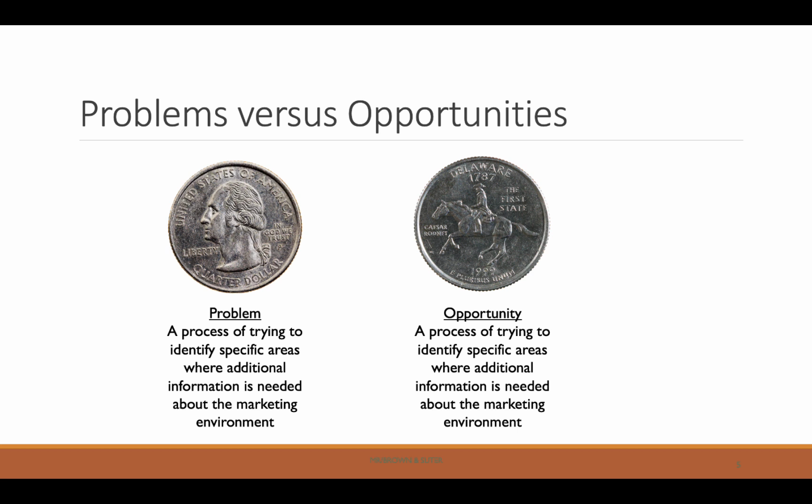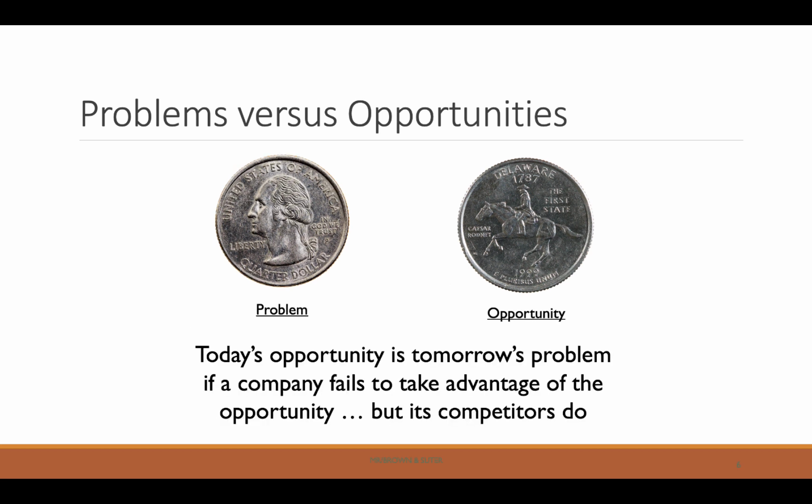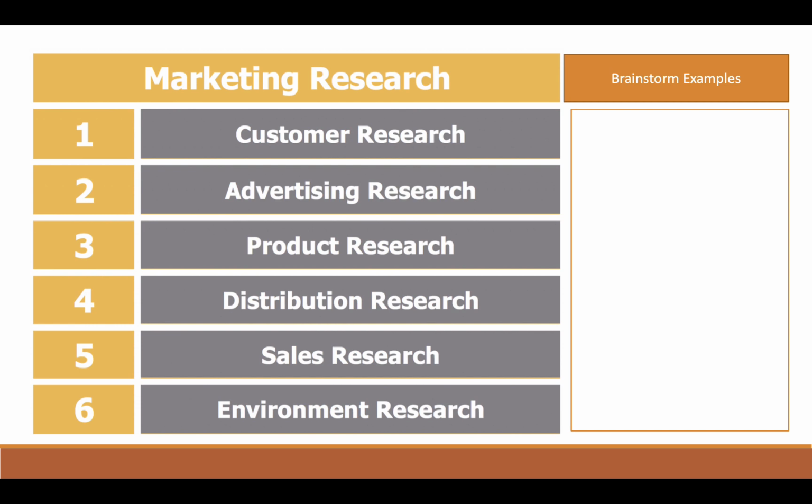You're trying to identify areas where additional information is needed, but in something that you want to be forward. You want to try to find something of opportunity. So there's 2 different types of research business problems you can do. Today's opportunity is tomorrow's problem, meaning maybe you find an opportunity to solve your problem or vice versa. So think about it that way. You could do one or the other.